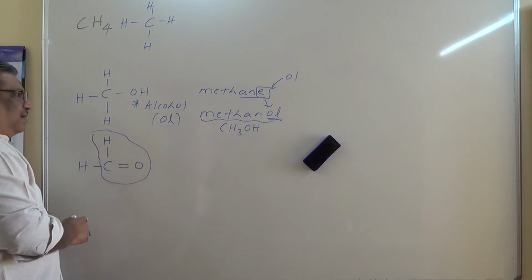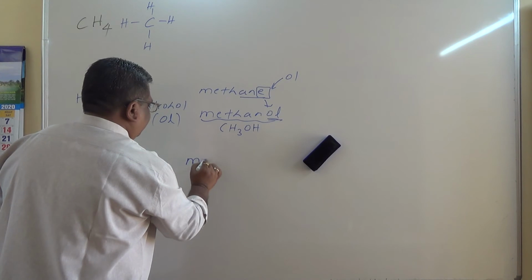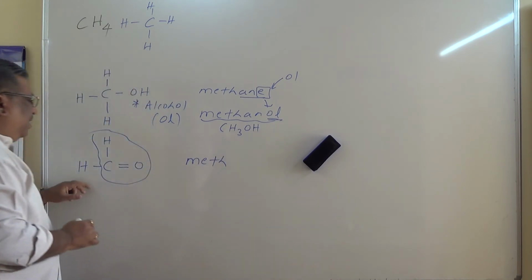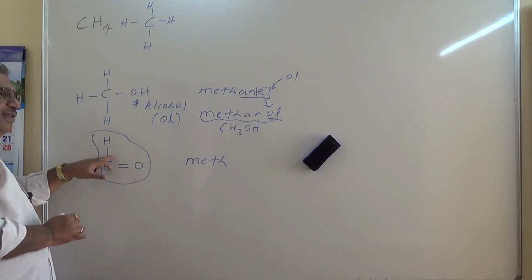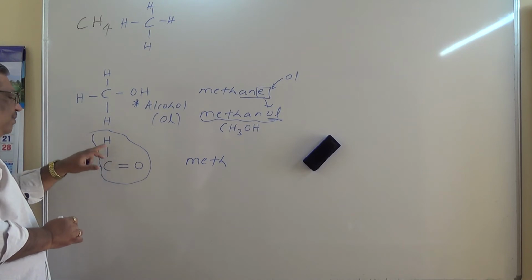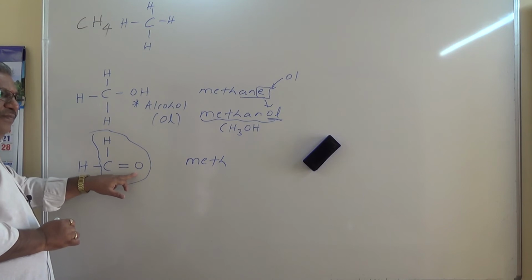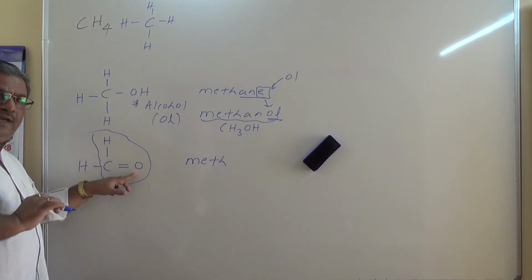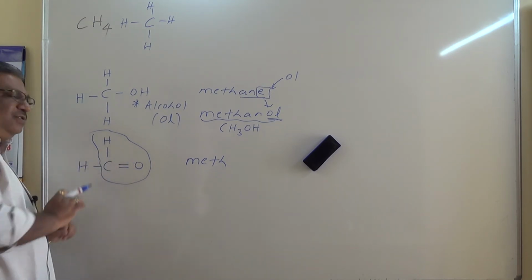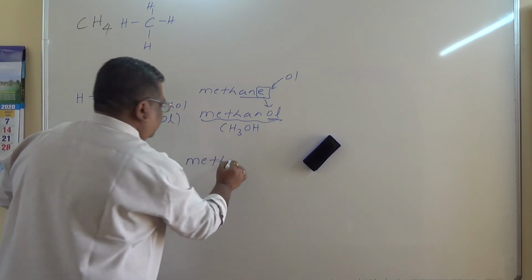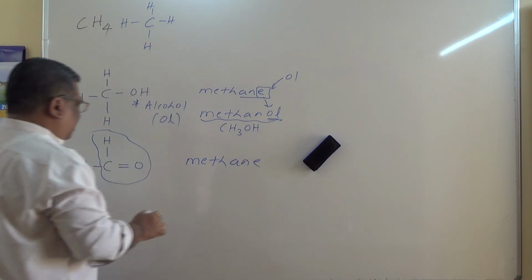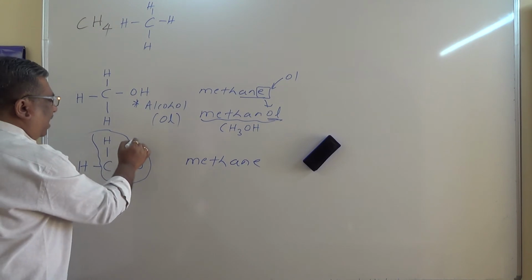So how do you read this compound? First one, meth, okay, and this is methane actually, because for the methane we are replacing 2 hydrogens with this oxygen. 2 hydrogens are replaced basically. So those 2 bonds are taken by this oxygen. So it is methane basically, but this is aldehyde group.